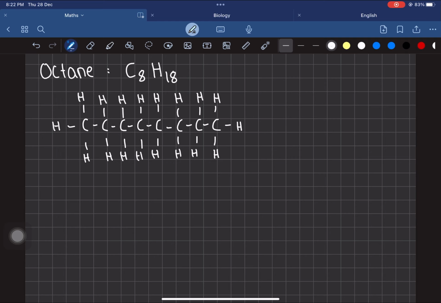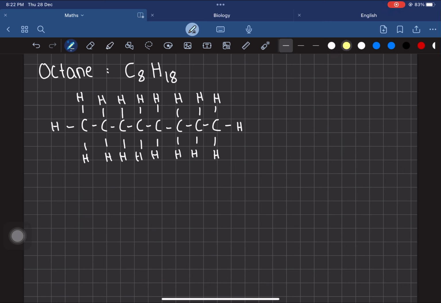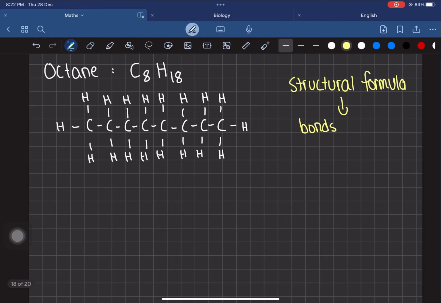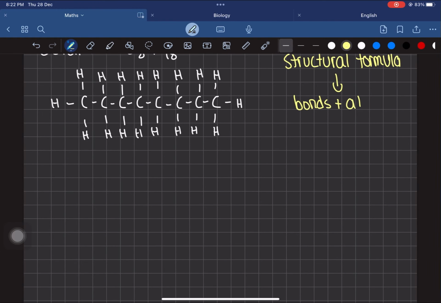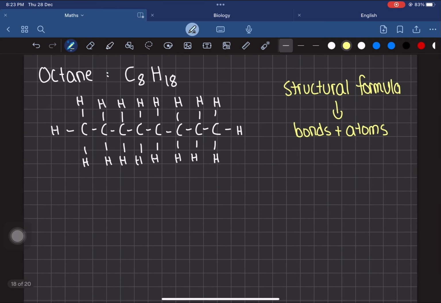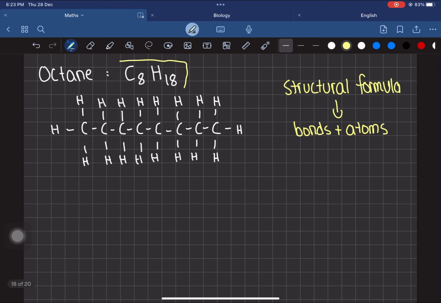Folks, remember that structural formula shows us the bonds plus atoms, and structural formula and displayed formula are both the same thing, whereas molecular formula only shows us the number of atoms in a molecule.